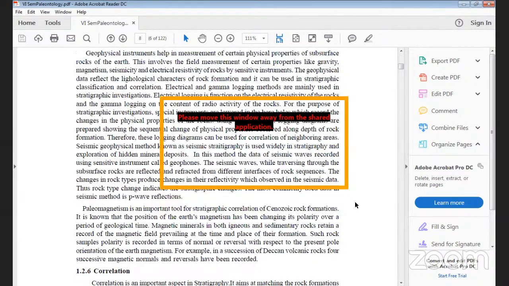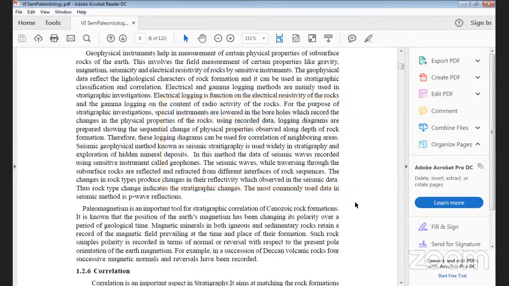Paleomagnetism is also a very important tool to study the stratigraphic correlation of Cenozoic rock formations.